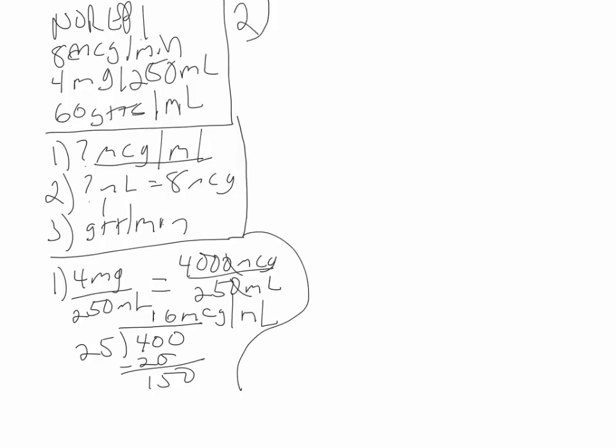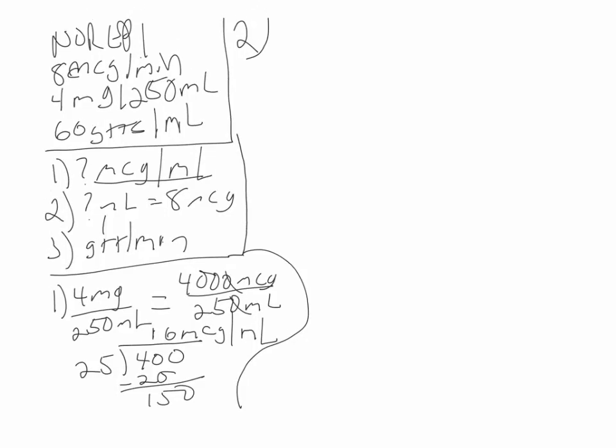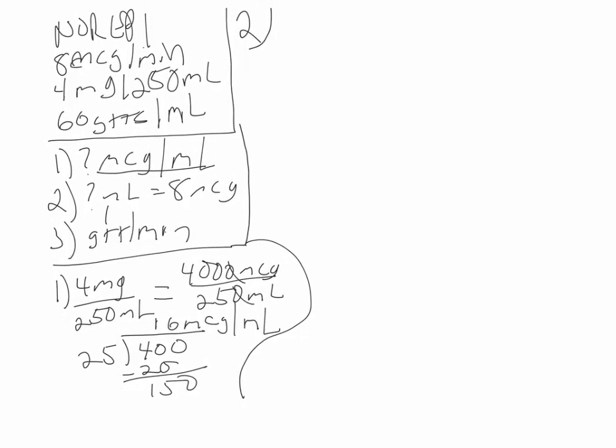So now that we know that, the next thing we're going to figure out is how many milliliters we need for our dose. And we're going to use our desired dose divided by dose on hand times volume formula to figure that. So our desired dose is 8 micrograms.